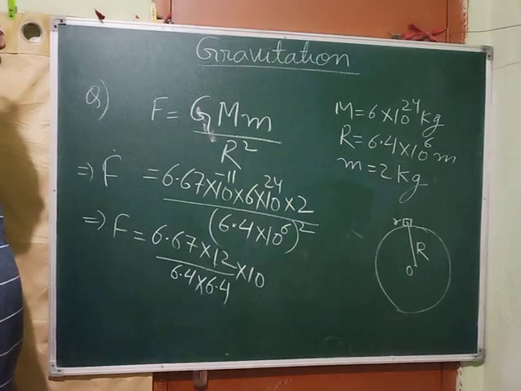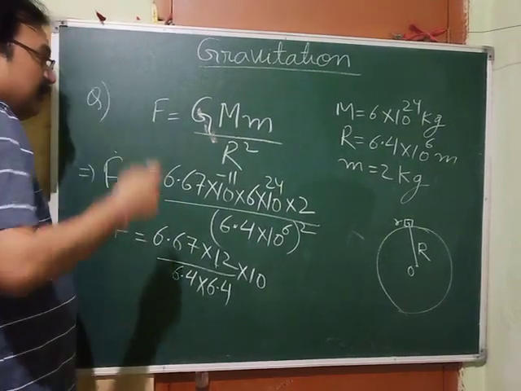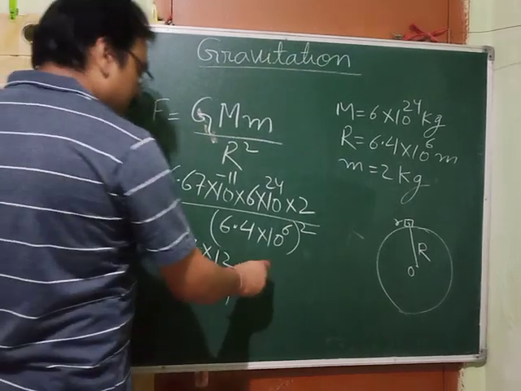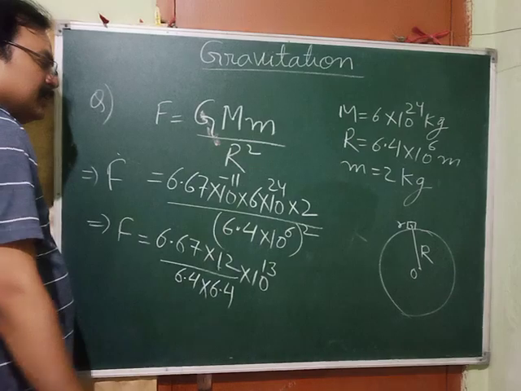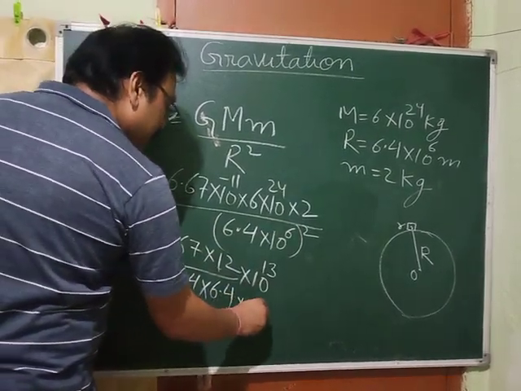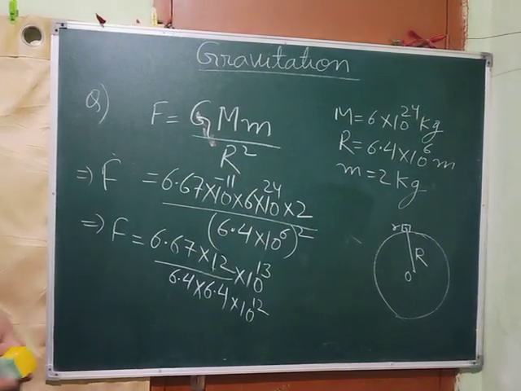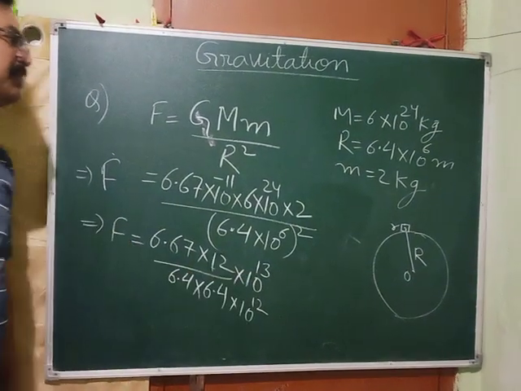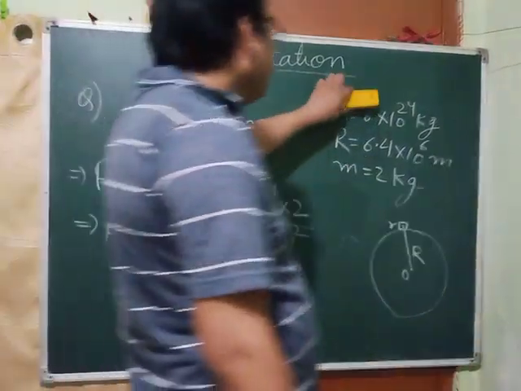It is plus 13. Now here after squaring, what will you get? 10 raised to the power 12. We are having here 10 raised to the power 12. Now we can take this 10 raised to the power 12 up. So what will you get? Should I rub the question now? Okay.